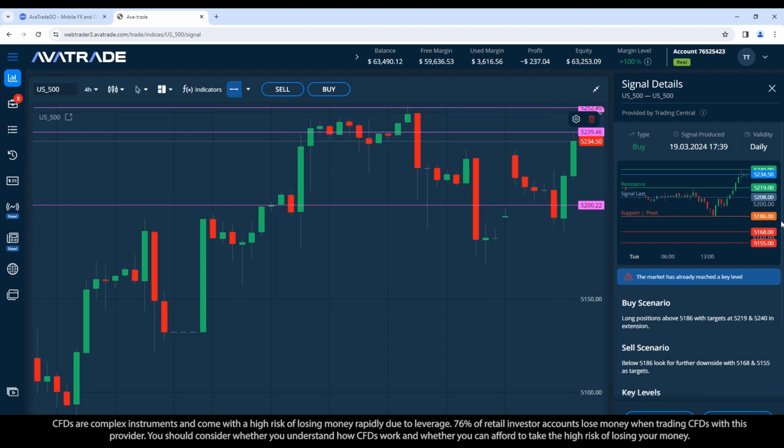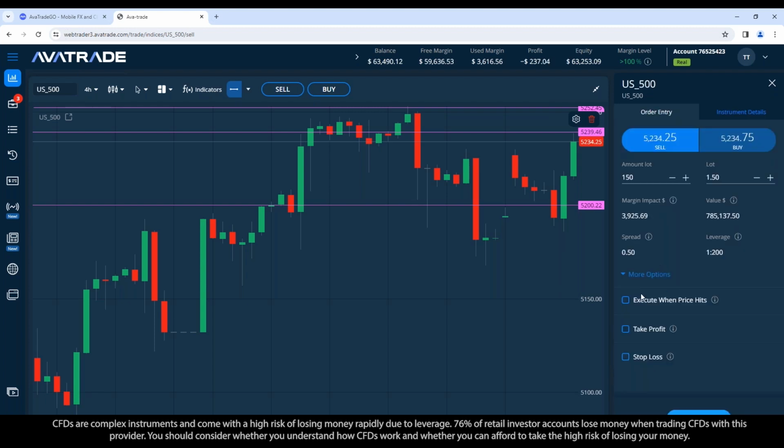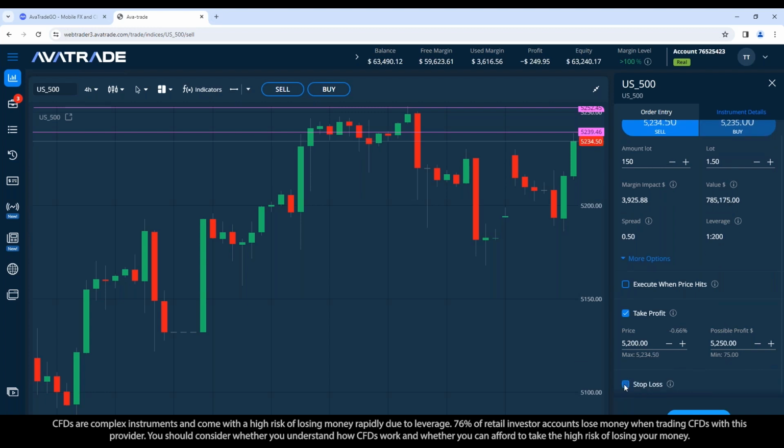Okay, so if I was going to short this then, knowing that the buy signal already hit the take profit, and reached the spot where the signal assumed it might have trouble going any further. Take profit, 5,200. Stop loss above the second resistance would need to be above 52.52.